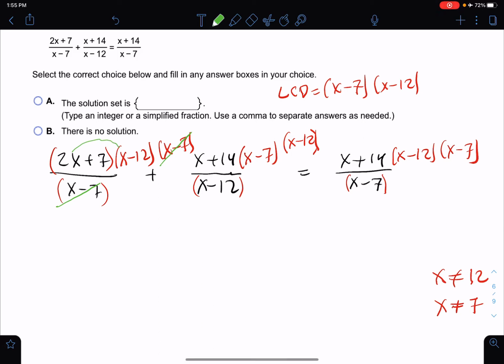If you want to go ahead and take an extra sheet of paper to show your work, that's fine. This level of math is really where you can start doing some of these steps in your head. If you find that you don't get it right, then write it down. Show more work. But we got 2x times x is 2x squared. And then we've got 2x times negative 12 is negative 24, and negative 24 and 7.